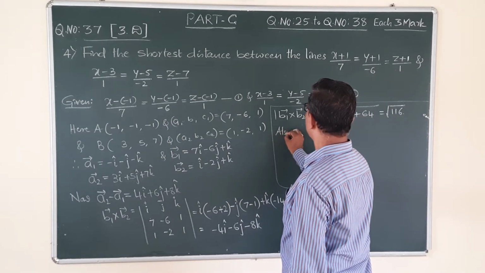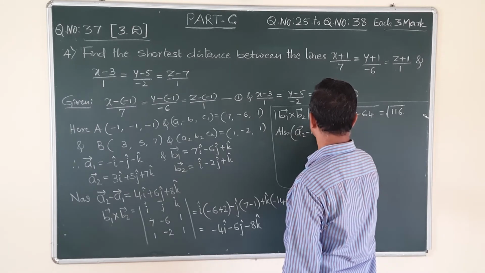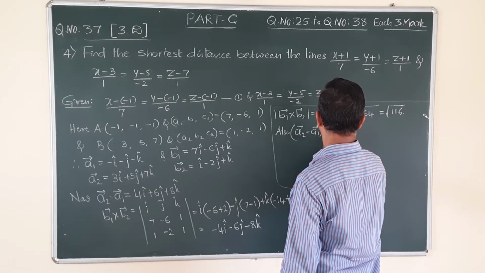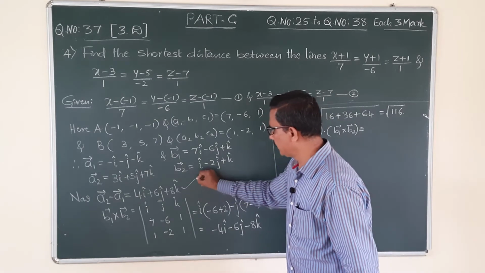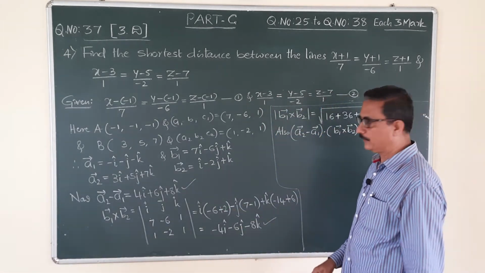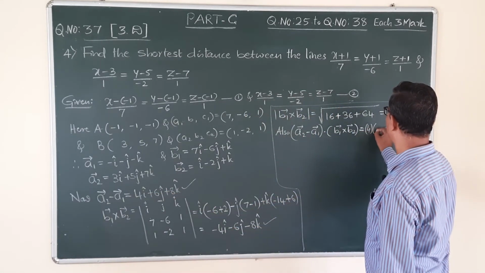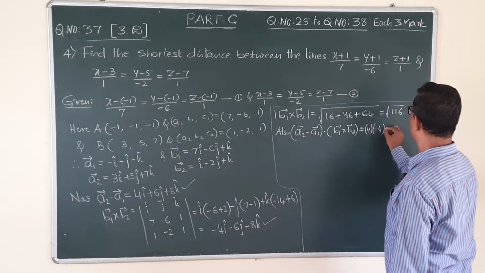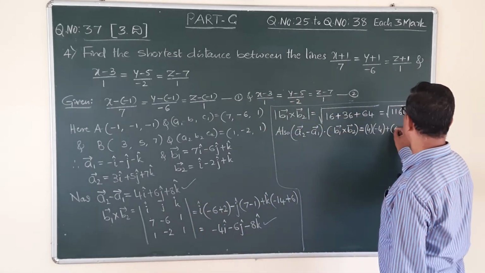Also to find dot product, a2 minus a1 vector dot b1 cross b2 is equal to a2 minus a1 vector, this. b1 cross b2 is this. In between these two, dot product. Definition of dot product, multiplying the corresponding elements. Coefficient of i in vector b1 cross b2 is minus 4, plus coefficient of j in vector a2 minus a1 is 6.